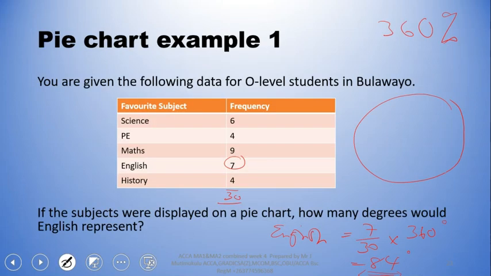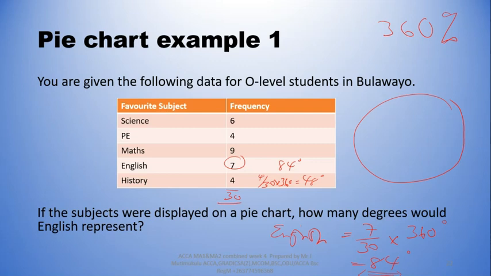We now know that using our formula, this is 84 degrees, right? And for history it's just 4 over 30 multiplied by 360, which should give us 48 degrees.